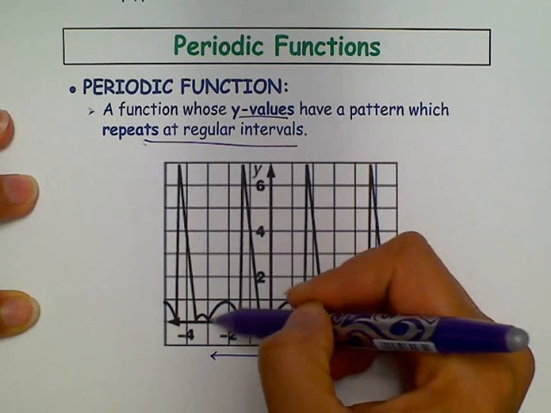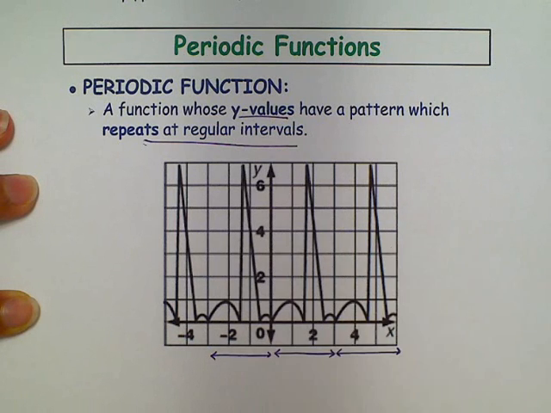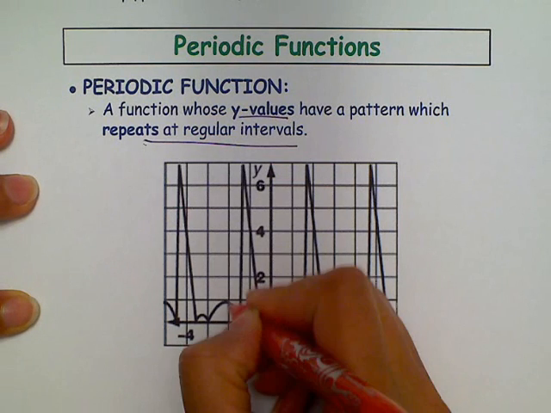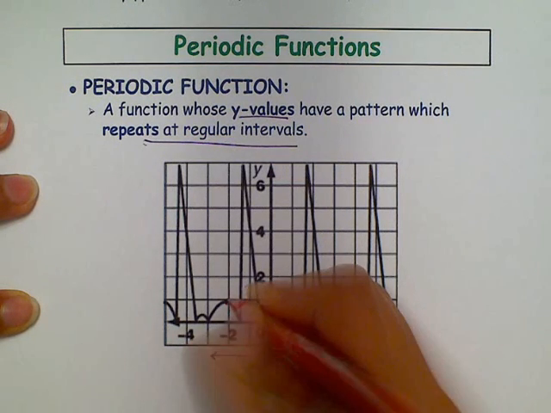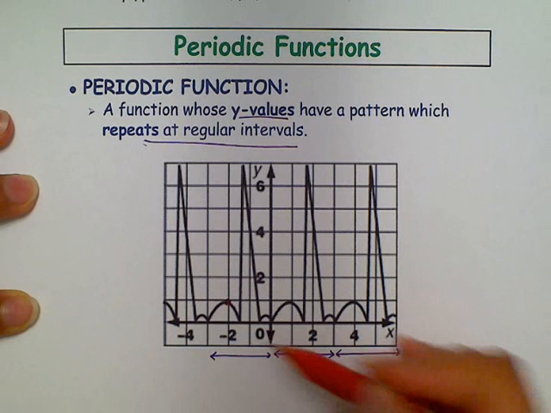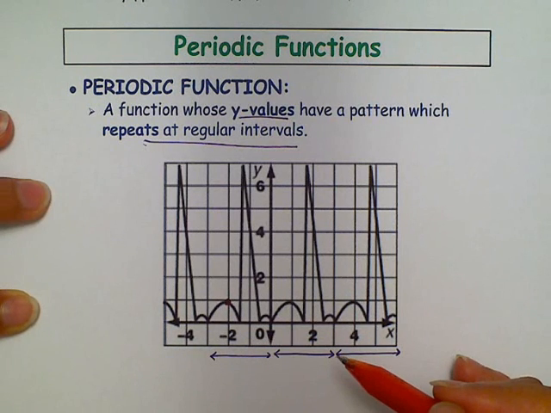What that means is that every 3 units, the pattern should repeat itself. Or in other words, every 3 units I should land back at the exact same point that I was previously. So if I'm at this point in the cycle, then 3 units later I should be at the exact same point again.